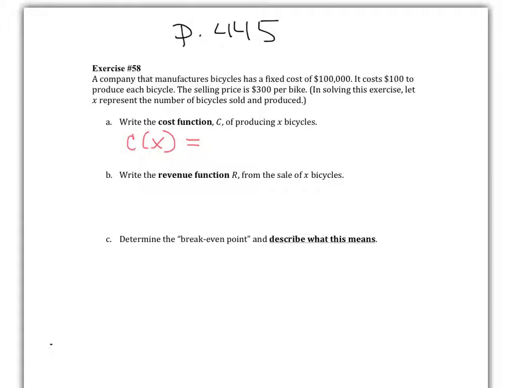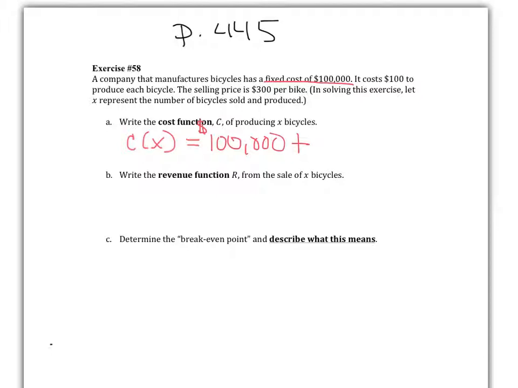And so the cost function is the fixed cost. Do we have a fixed cost? We do, it's right there, $100,000. According to our definition, the fixed cost is $100,000 plus the cost per unit produced times X. So what is the cost per bicycle produced?